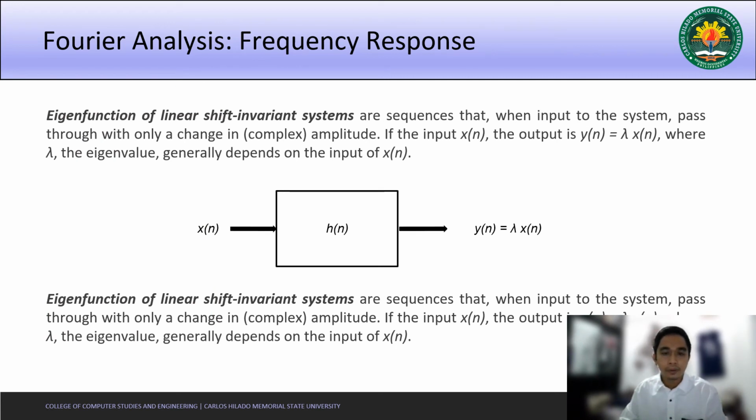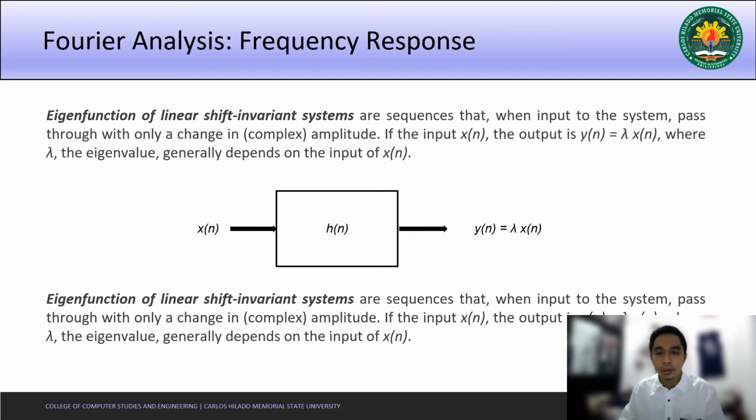So we have this basic Fourier analysis. This is an example of the eigenfunction of the linear shift invariant systems and sequences, where the input to the system passes through with only a change in complex amplitude.